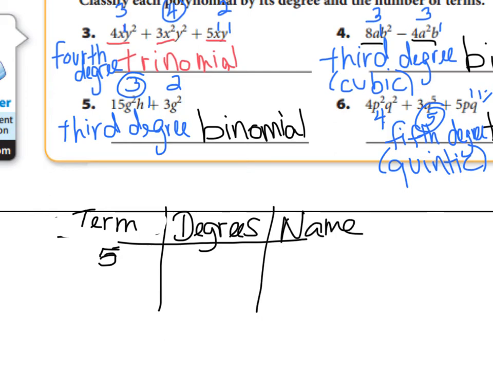So again, if we have just a number, 5 in this case, it has a degree of 0 since there's no variable, and we call that a constant because it's always going to be 5. It's not going to change. If that 5 had a variable with it, with an exponent of 1, we say it has a degree of 1, and anything with a degree of 1 is linear.